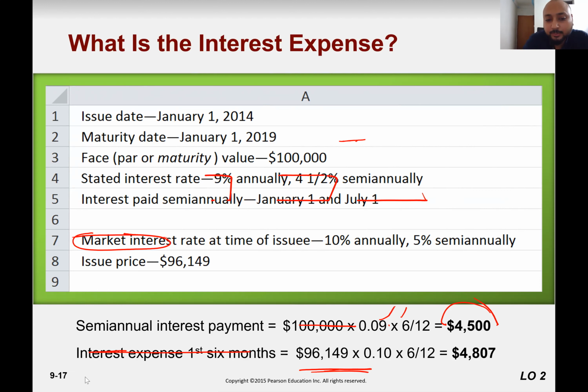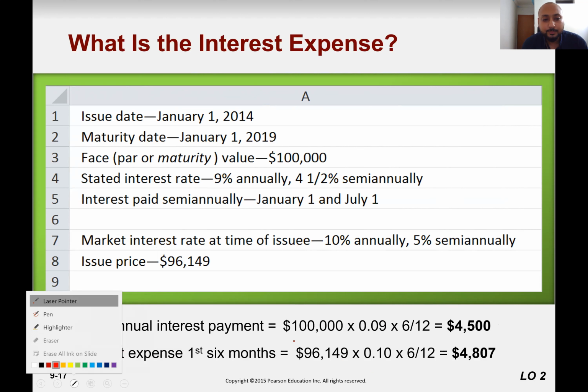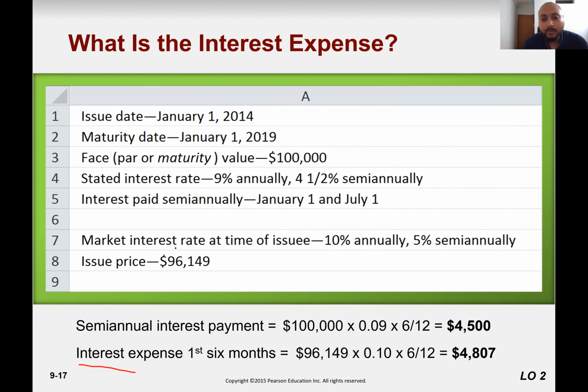Interest expense is, let me clear this mess. So interest expense is the price of the bond, which is $96,149, the market price of the bond, multiplied by the market rate, 10% multiplied by semi-annually, so 6 by 12.